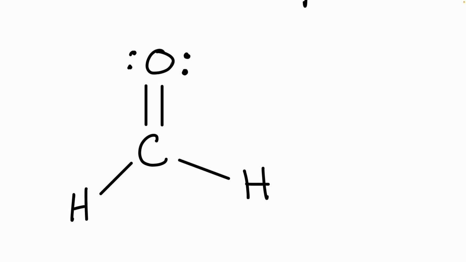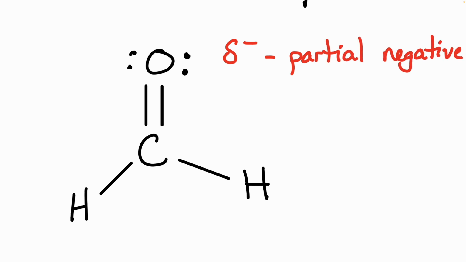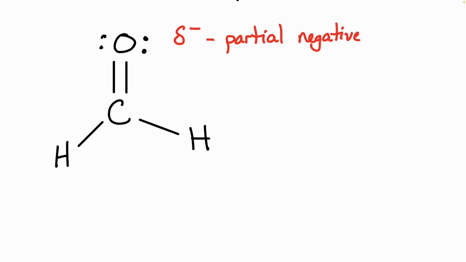Based on their position on the periodic table, I know which one of these is the more electronegative element. Oxygen. That means oxygen's better at tug of war of this pair of electrons. It's pulling that electron density onto itself. So we would say that oxygen has a partial negative charge, and we use this fancy lowercase Greek letter delta. That's kind of like an S, but it's not. We kind of loop it back around. We use this to differentiate the fact that this isn't a full negative charge like we would have on an ion.